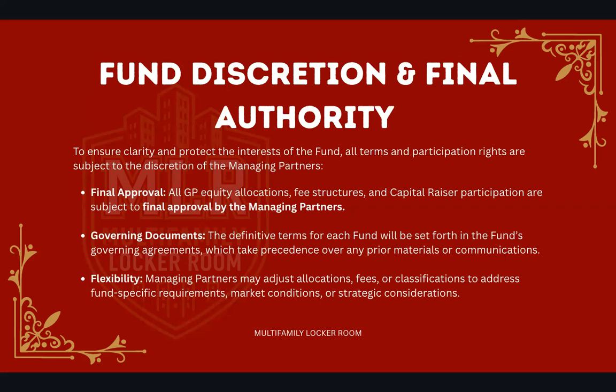Governing documents: the definitive terms for each fund will be set forth in the fund's governing agreements, which take precedence over any prior materials or communication. So that means if we're discussing emails back and forth on what the fund's going to look like, everything's going to be final in the governing documents. Flexibility: managing partners may adjust allocation, fees, or classifications to address fund specific requirements, market conditions, or strategic considerations.